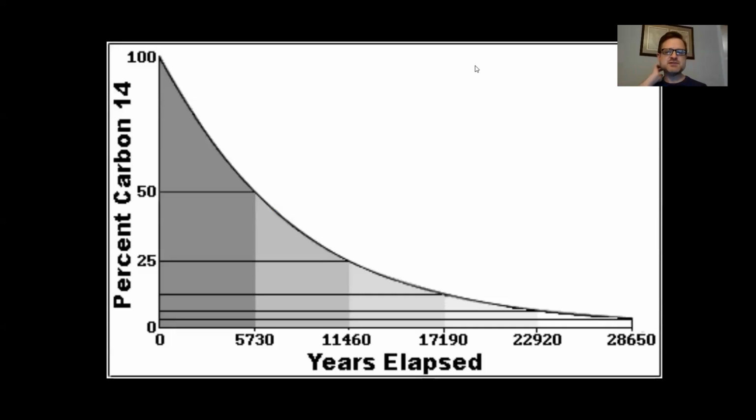So carbon-14, let's talk about how this works really quick. There's 3 isotopes of carbon: carbon-12, 13, and 14. Carbon-12 is the isotope that's most common. It's like 98, 99% of all carbon. It's very stable. You're mostly carbon-12. Carbon-14 is an isotope that is unstable, and carbon-14 is formed by UV radiation in the upper atmosphere.